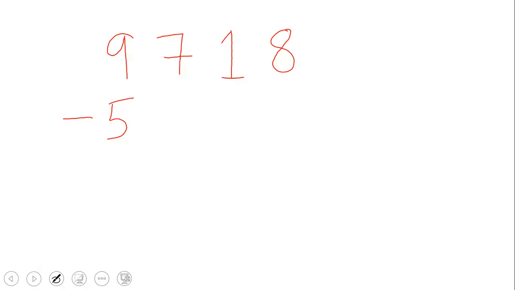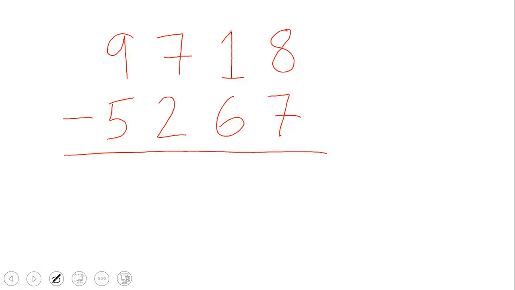I am going to write the subtraction problem that we were given right here on this screen. So we have 9,718, subtraction sign, do not forget that, and we have 5,267.